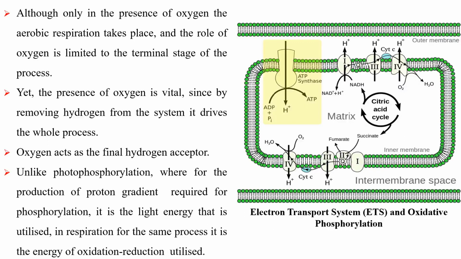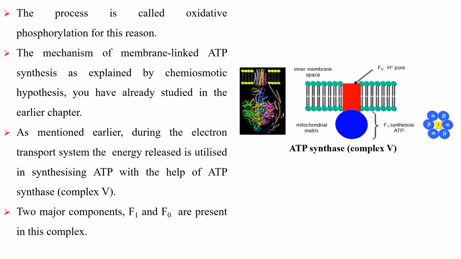Unlike photophosphorylation, where the light energy is utilized for the production of the proton gradient required for phosphorylation, in respiration it is the energy of oxidation-reduction that is utilized for the same process. The process is called oxidative phosphorylation for this reason.